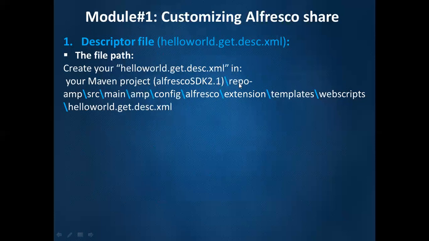Inside this project you will find repo amp. You click inside and go to src, then main, then amp, then config, then alfresco extension, templates, web scripts, and inside web scripts you will create your descriptor file.